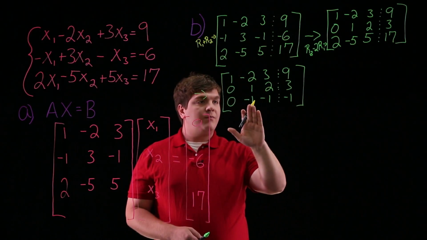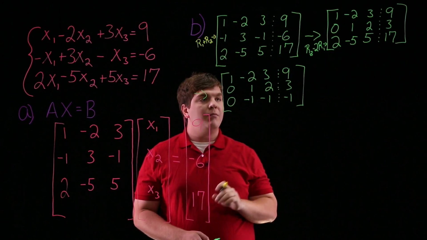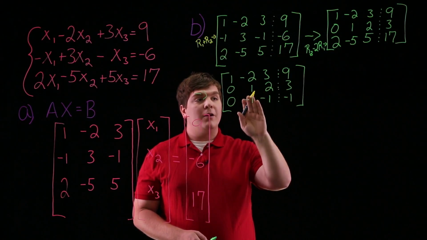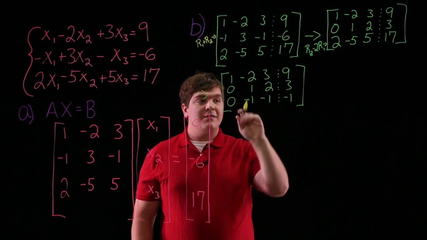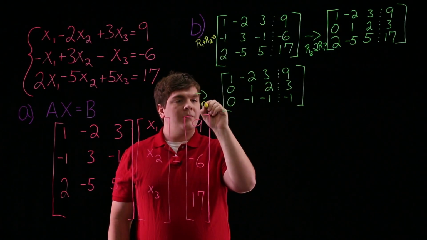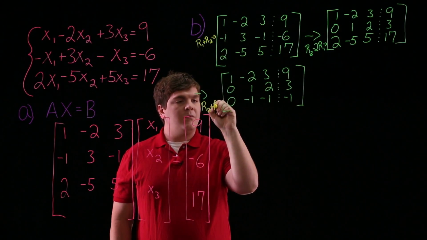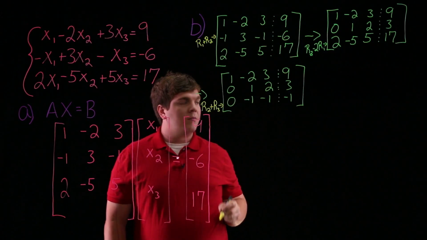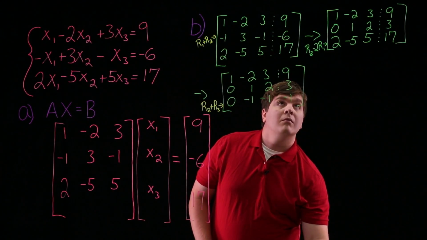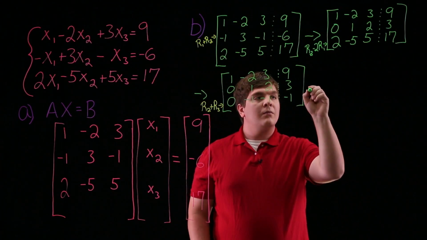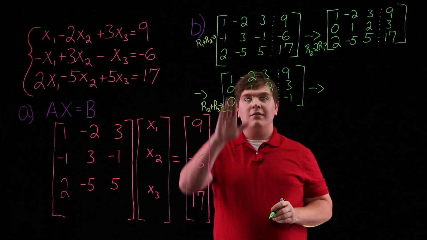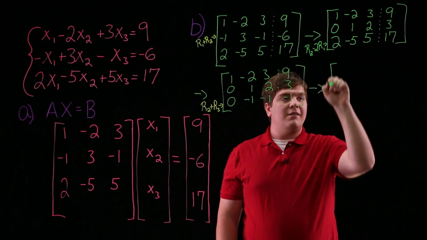Now we want a 0 in the third row, second column. So here we can add the second row to the third row and place this in the third row. So this is going to leave our first two rows exactly the same.